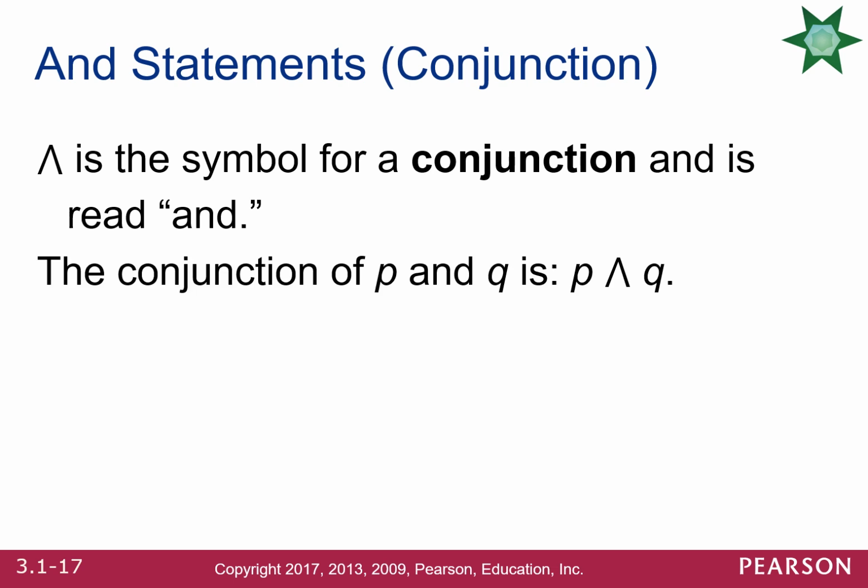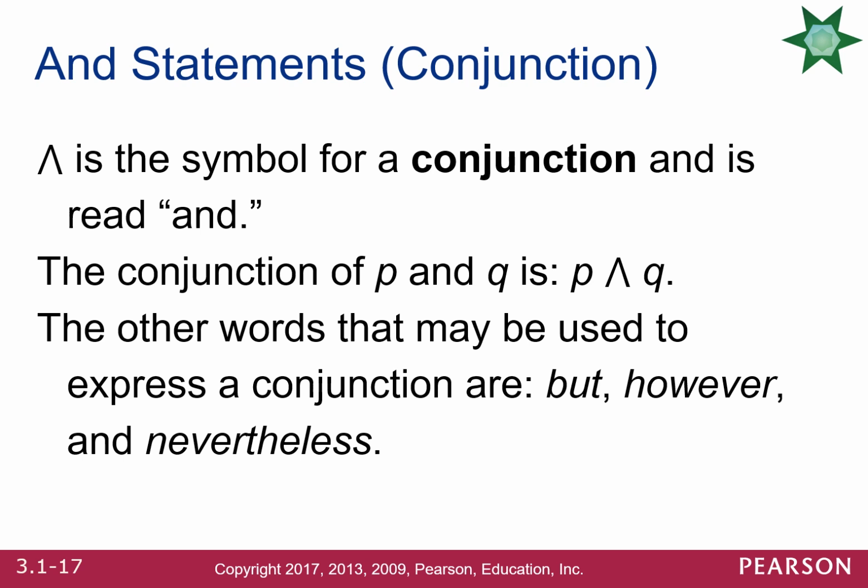So when we want to express P and Q, two statements, it's symbolized as P with a hat next to it, followed by Q. There are also other words that express a conjunction other than and: but, however, and nevertheless.